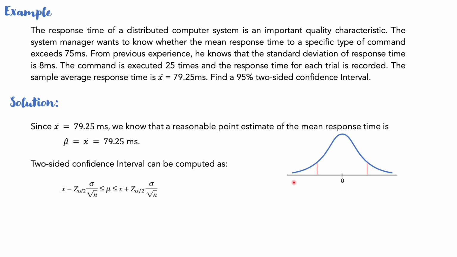Exactly the same way as we did during our live class, we can find the value of Z alpha over 2 from the table. The value will be the same, which was equal to minus 1.96 on the negative side and 1.96 on the upper side or the positive side.